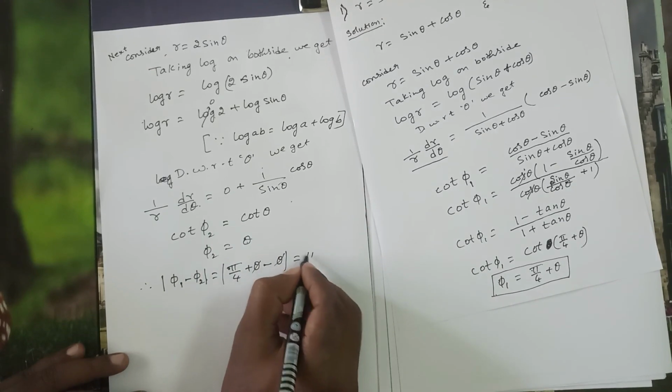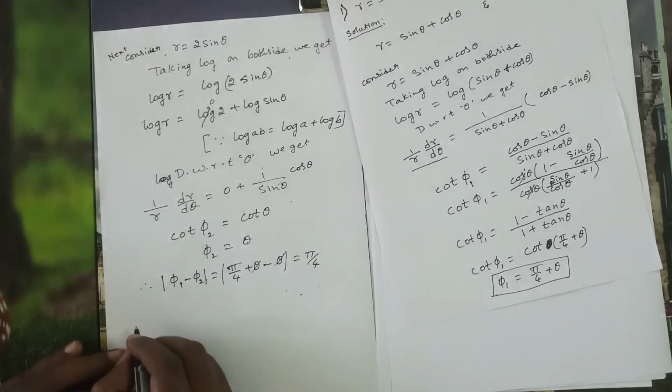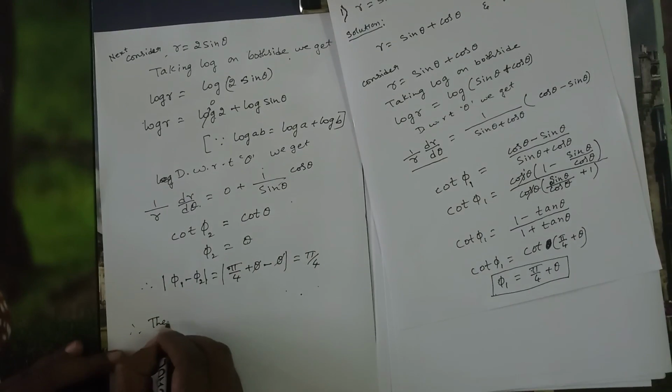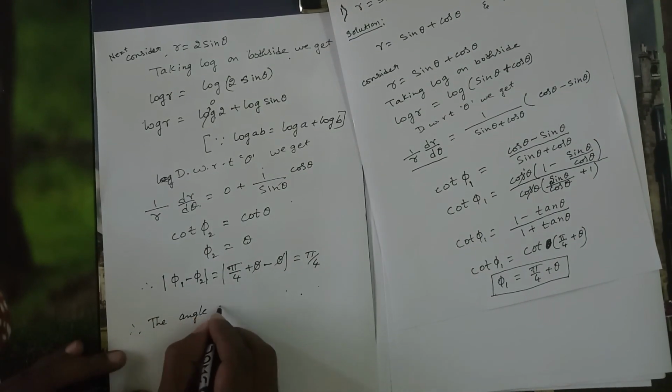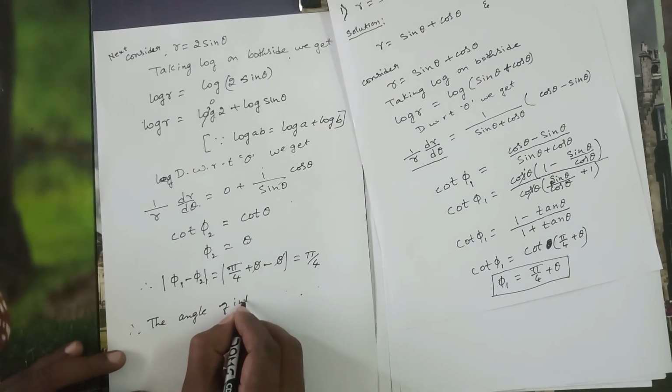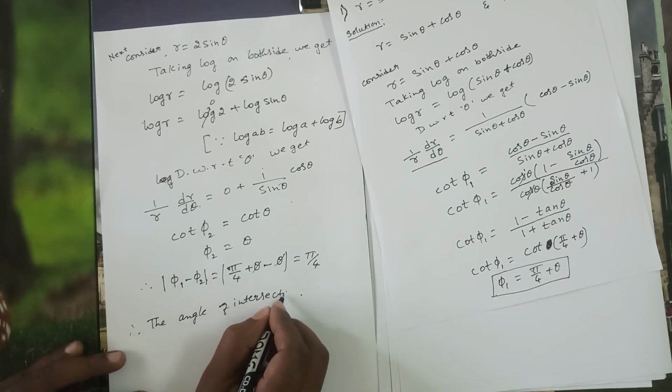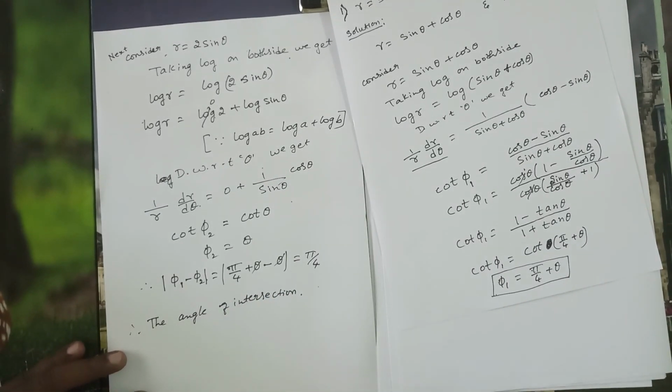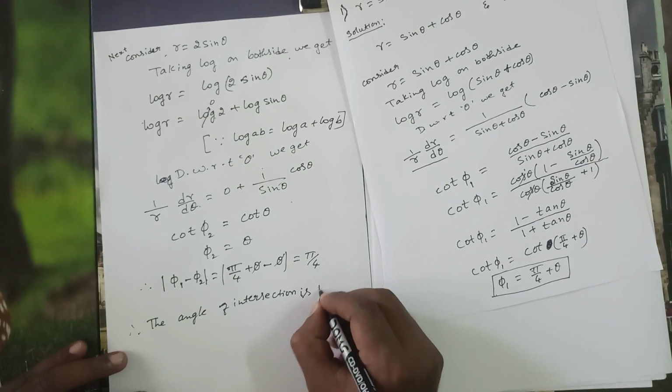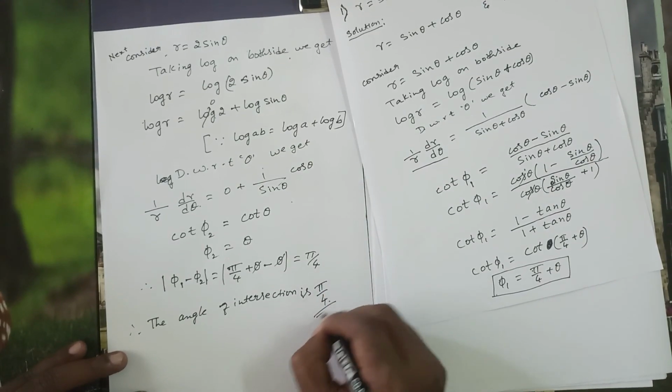What do you get here? Pi by 4. So therefore the angle of intersection is pi by 4.